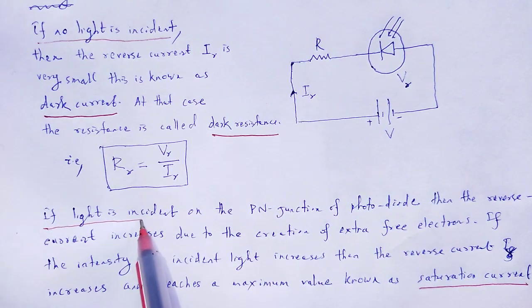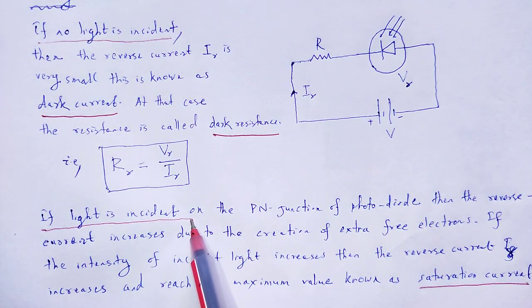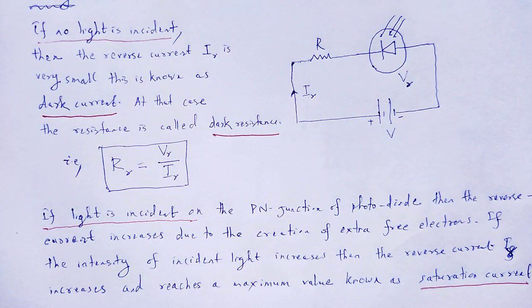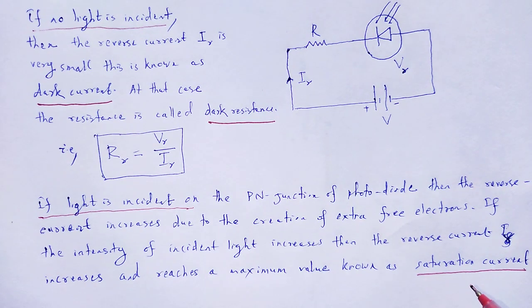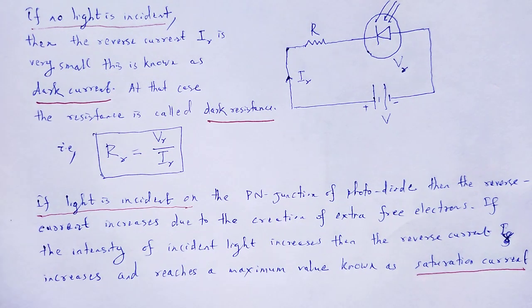When we make light incident on the p-n junction of the photodiode, we obtain reverse saturation current. That will be the working of a photodiode.